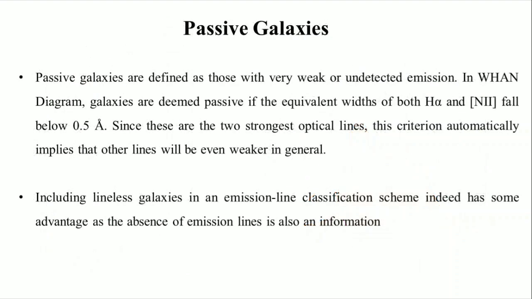VKGNs and RGs. Now, coming to passive galaxies, as explained before, passive galaxies are lineless galaxies. The galaxies whose both N2 and H alpha width fall below this 0.5 angstrom cutoff are put into this PG class, and this inclusion makes the picture complete because we will know what fraction of galaxies are lineless.